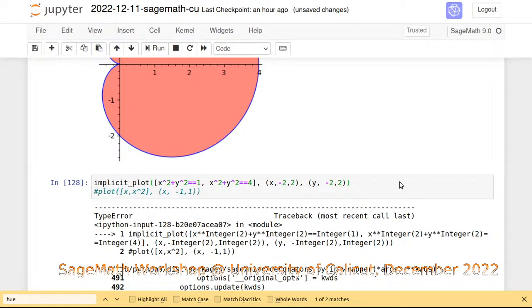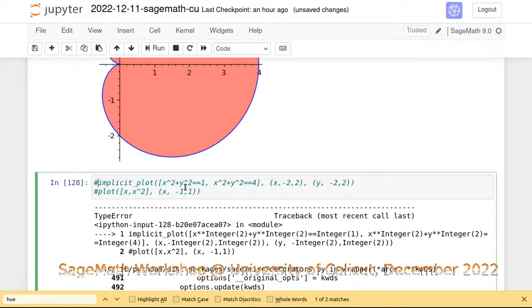X square plus y square, implicit plot is not accepting more than one at a time. Why? Okay, maybe combining functions is not working in the implicit plot, only in the plot it's probably working. Let me check that later.